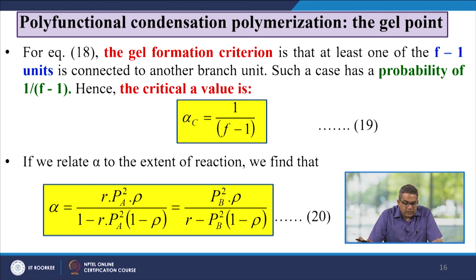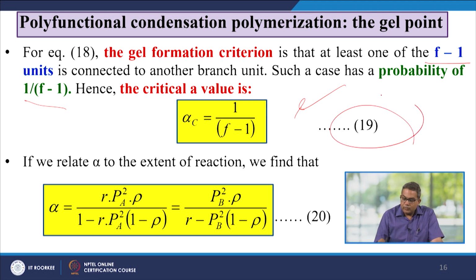Now, for the gel formation criterion, at least one of the F-1 units is connected to another branch unit. Such a case has a probability of 1 over F-1. Therefore, the critical alpha value, referred to as alpha C, is represented as alpha C equals 1 over F-1. This is equation 19.